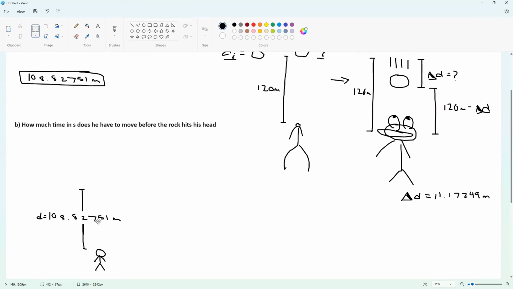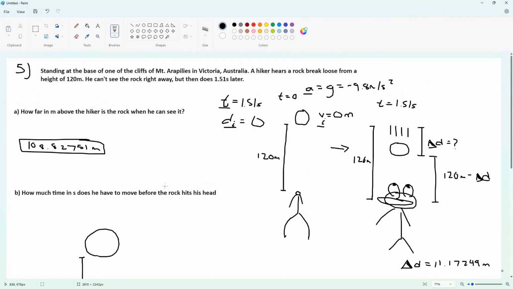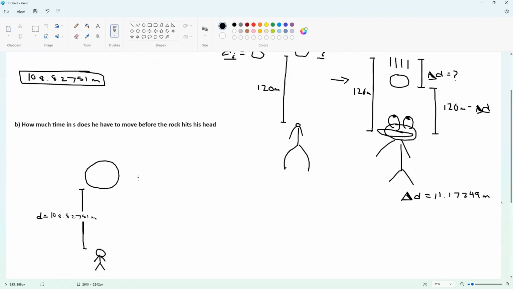Okay, so we have the distance the rock is above the guy's head. Just going to be this distance. Do we know the velocity at this point? We don't know the initial velocity at this point.